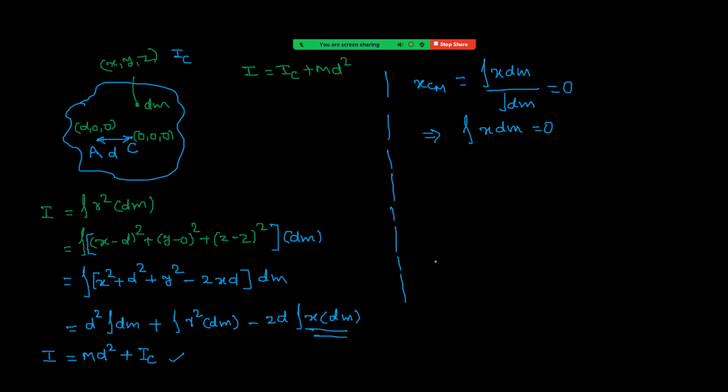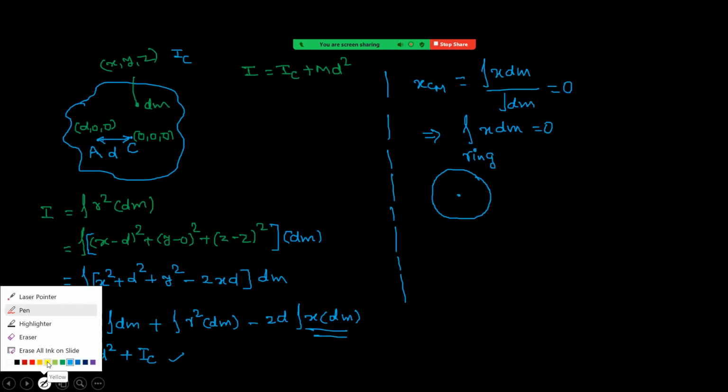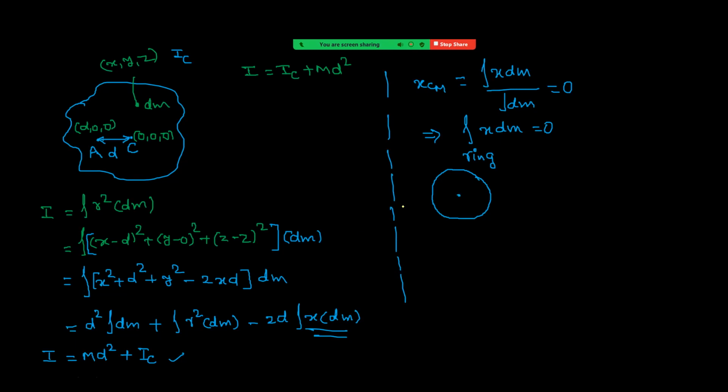Okay. Let us see how to apply this. Suppose we are taking a uniform ring. We want to calculate moment of inertia of the ring about a tangent which is in the plane of the ring.